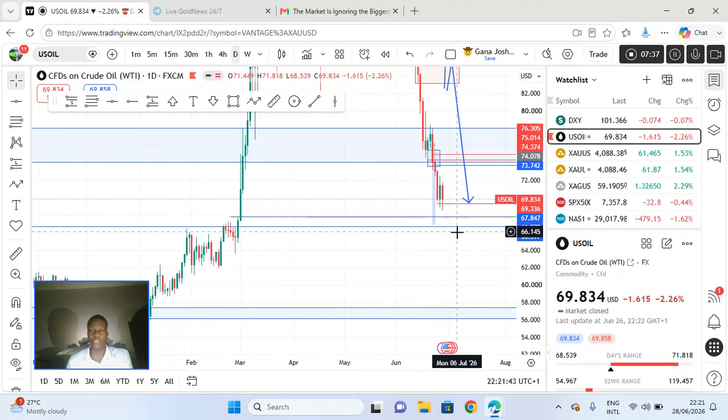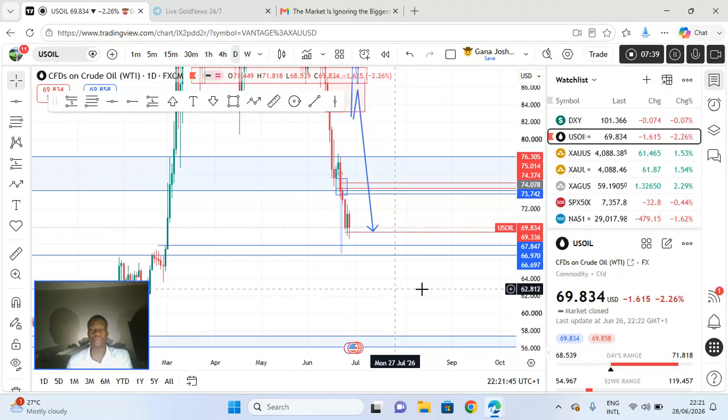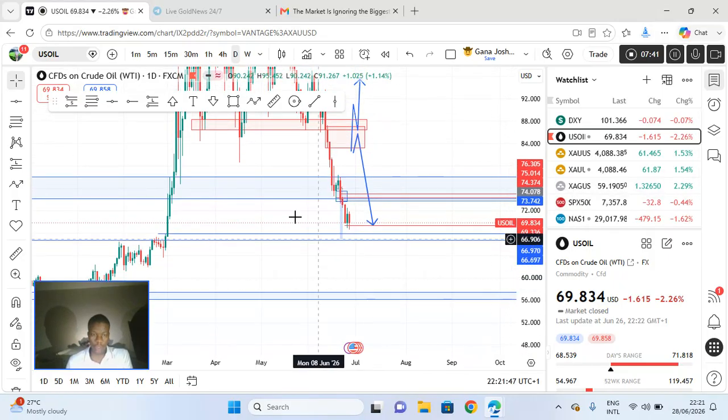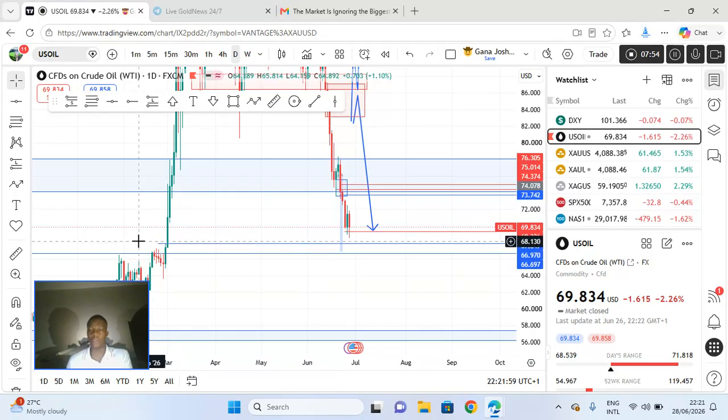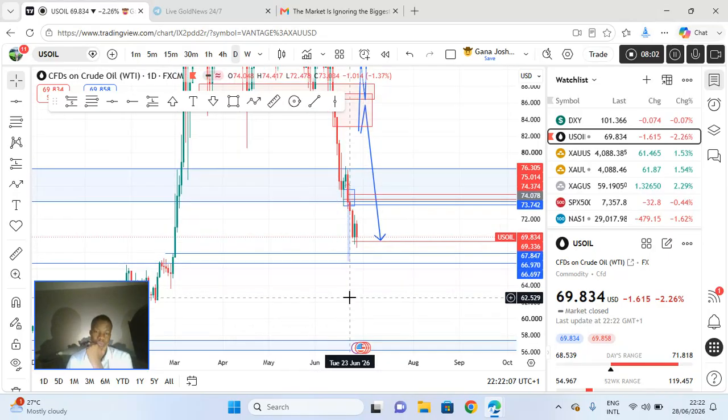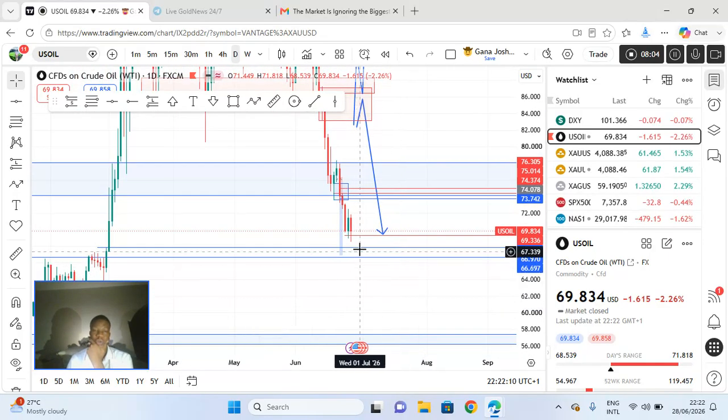Price coming to test that level, let's see if this support holds or it breaks lower. If we round it up, it's the price range of 68 to 66, and on US oil, that's what we're looking at to come test this support and continue to the upside.